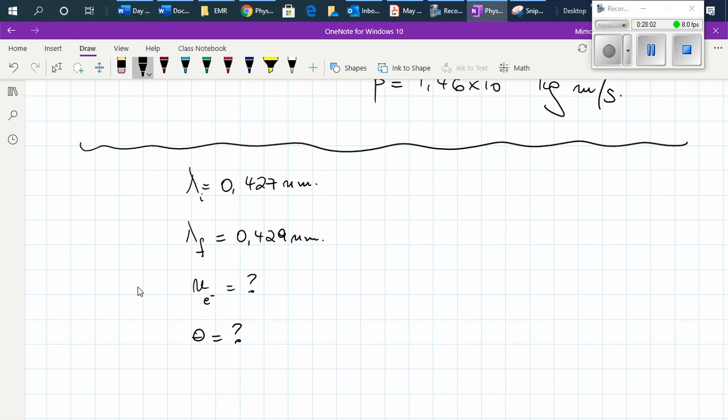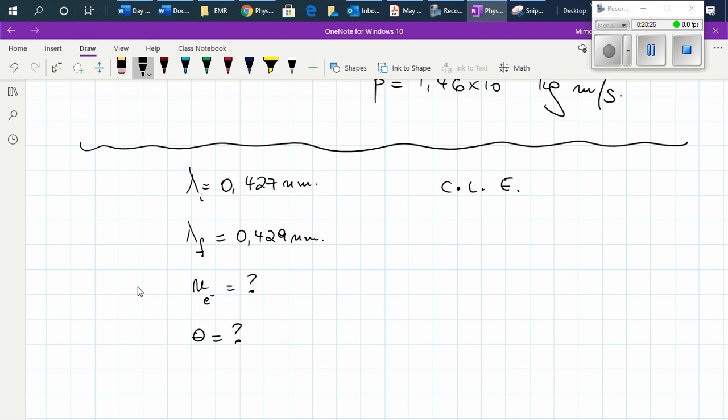Okay, so now to find the speed, we will use the conservation law of energy, because that is what relates the energy of the electron and the photon. So what we are doing here is an elastic collision. So kinetic energy is conserved.